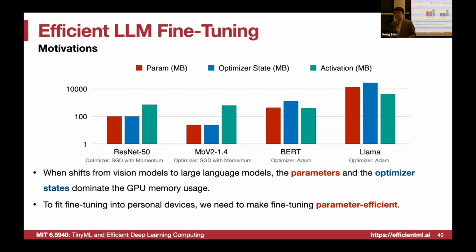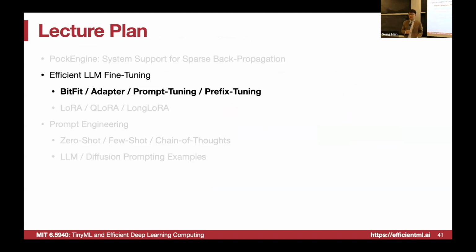So the weight is becoming more dominant, especially when the batch size is small. So when we shift from vision models to large language models, the parameters and also the optimizer states dominate the GPU memory usage, especially with small batch size. To fit fine-tuning into personal devices, we need to make fine-tuning very parameter efficient. Not just activation efficient, but parameter efficiency is very important.